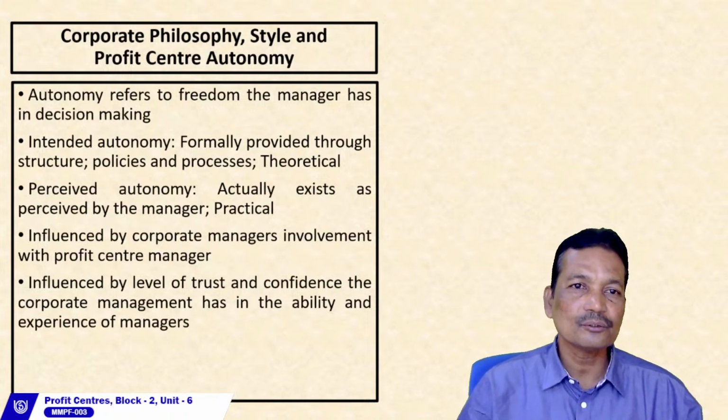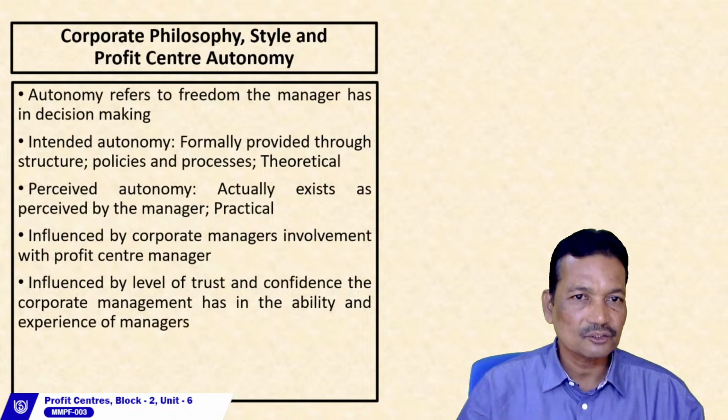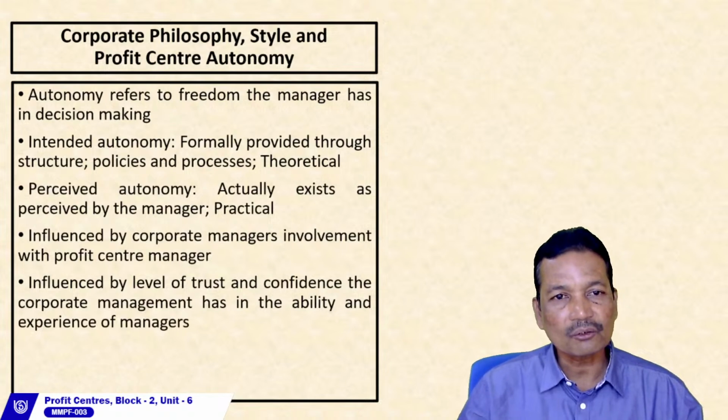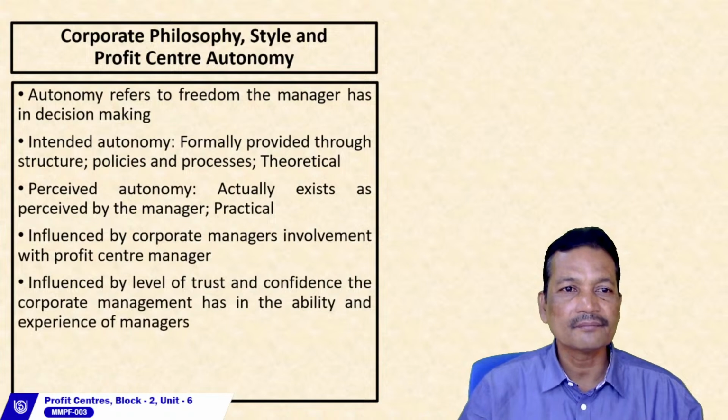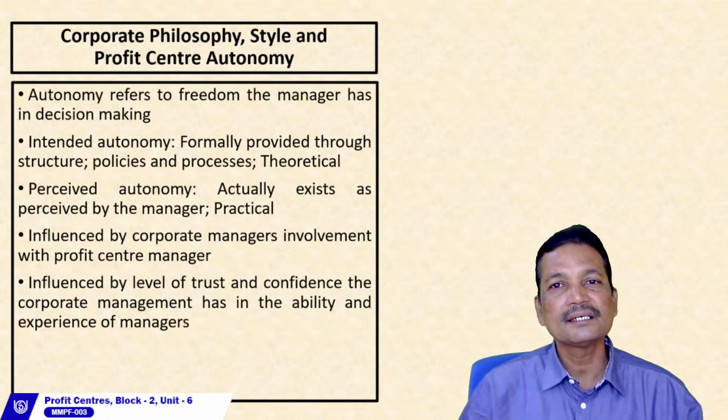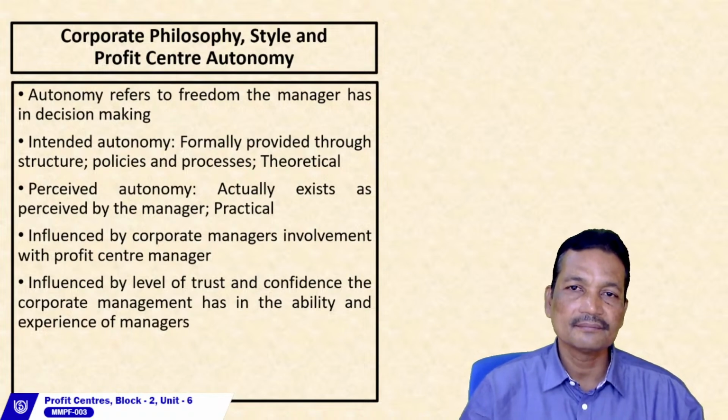Now let us look at corporate philosophy, style and profit center autonomy. When we are talking of the term autonomy, it refers to the freedom the manager has in decision making.